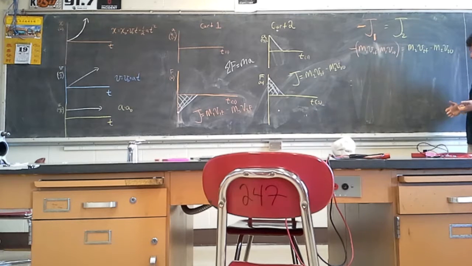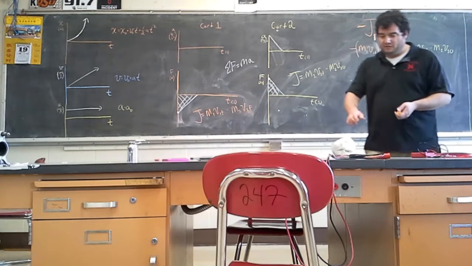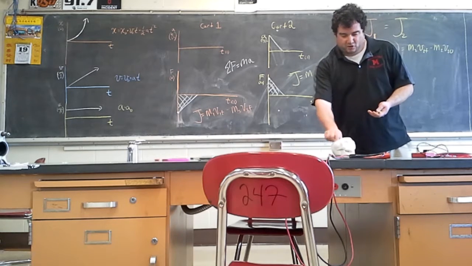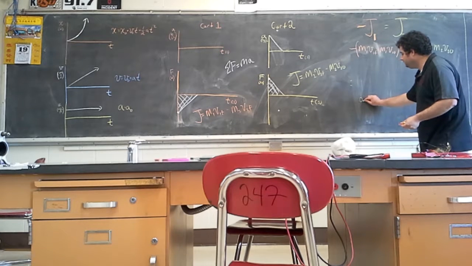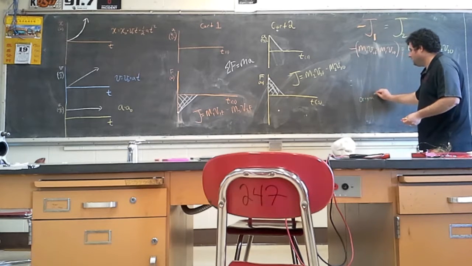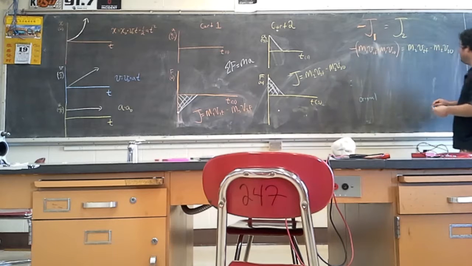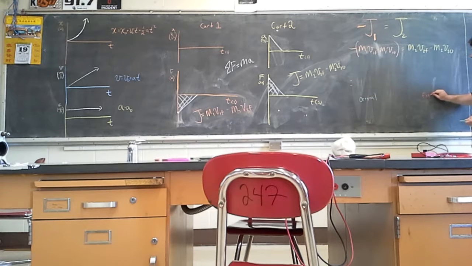So I'm just going to do the algebra real quick. I'm going to try to rearrange this to give us some information. I'm going to try to put all our original momentums over here, and all our final momentums over here, and we'll see if that gives us any useful information.